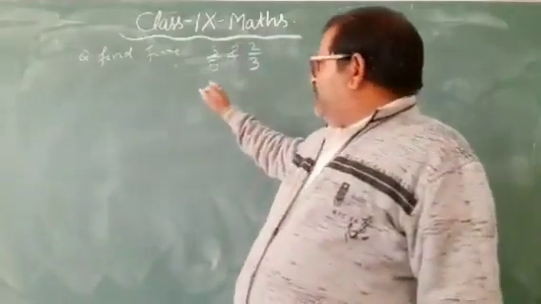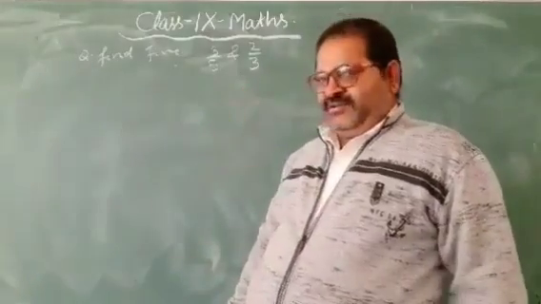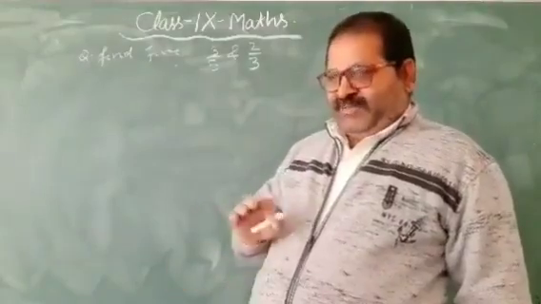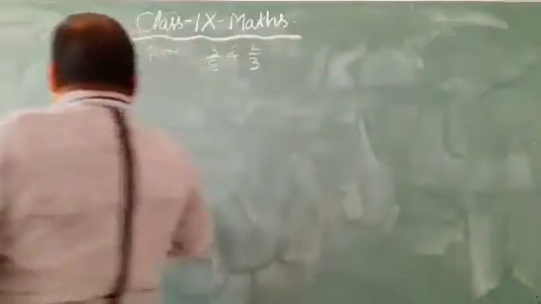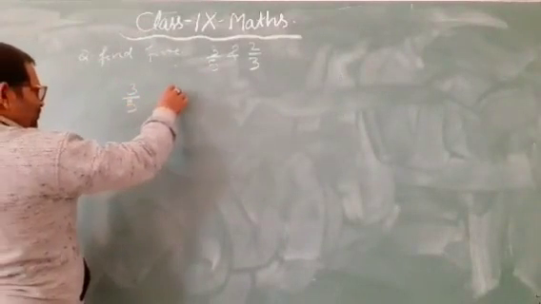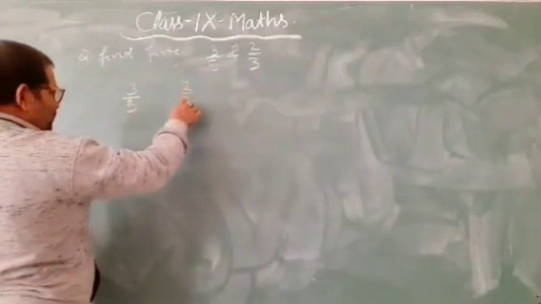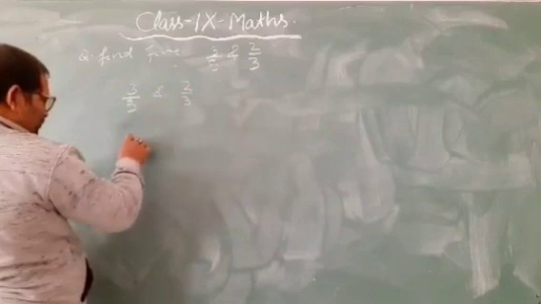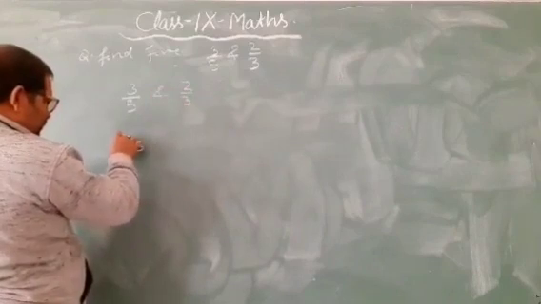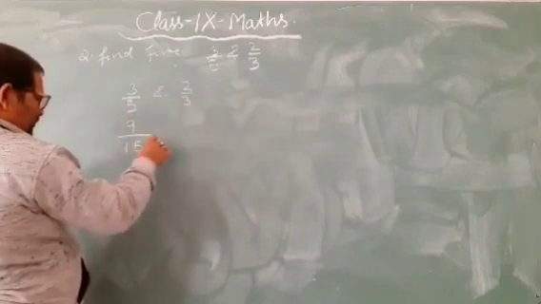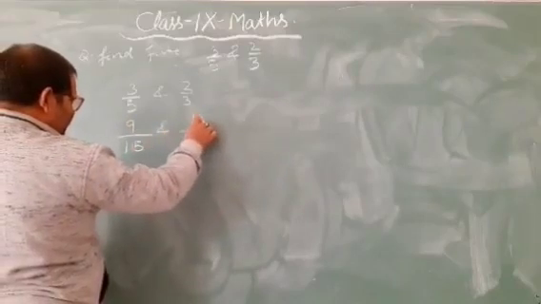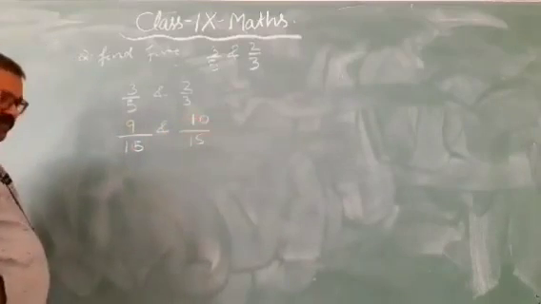So, the denominators are different. Now take the LCM to make the denominators the same. So 3 upon 5 and 2 upon 3 with the denominator as 15: that is 9 upon 15 and 10 upon 15.